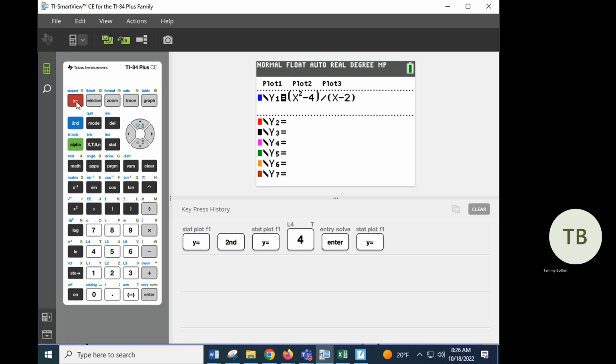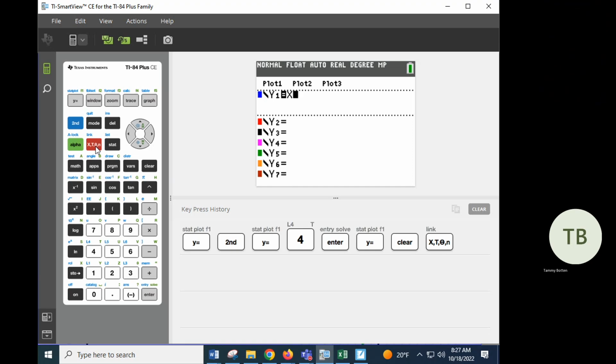So let's go to y equals, and if you have anything there, let's clear it. Okay, and then we're gonna just go ahead and enter this. So to do x squared, you're gonna hit your x key, which is to the right of the green alpha key.